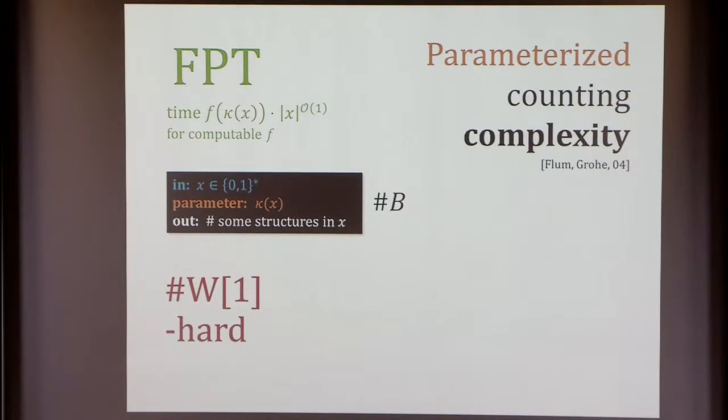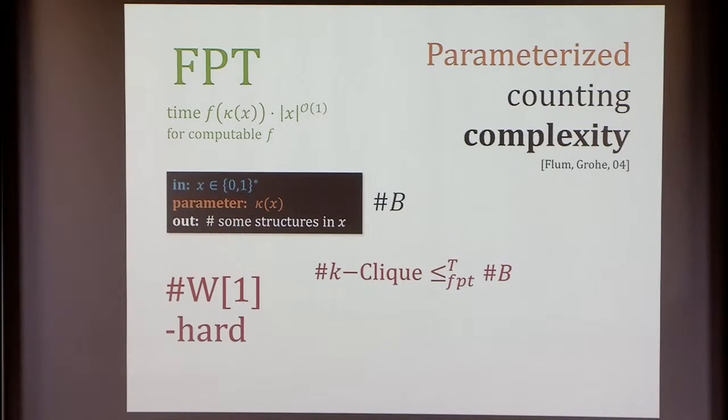A problem is #W[1]-hard if, and this is maybe a bit of a lazy definition, but you can define it that way, and it's better than taking some machine model, in my opinion, at least for the purposes of this talk. One canonical, heavily used definition of #W[1]-hardness is just that you can reduce counting k-cliques to your problem in question by a parameterized reduction.